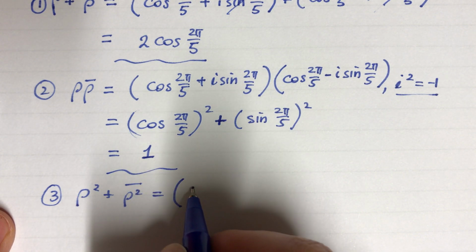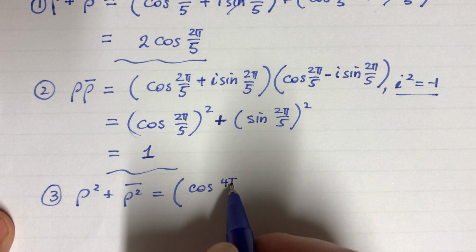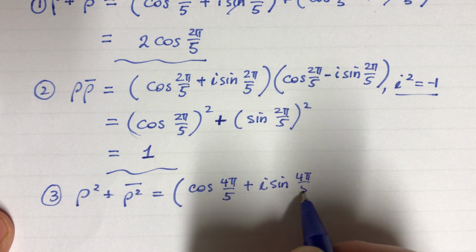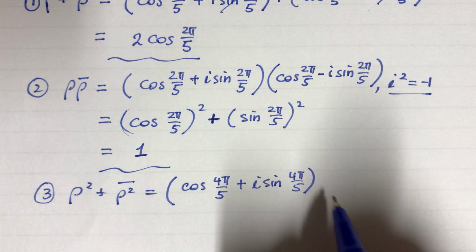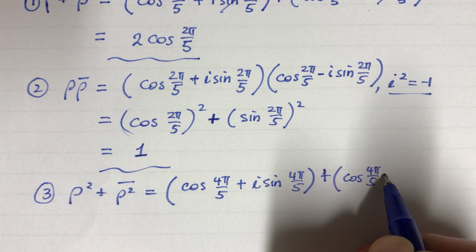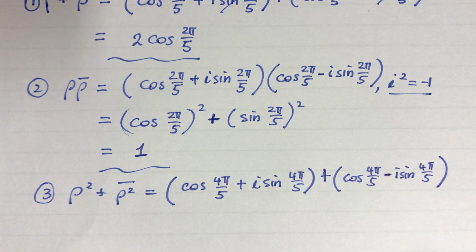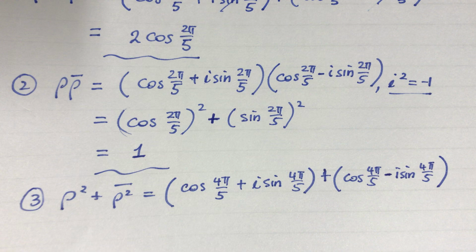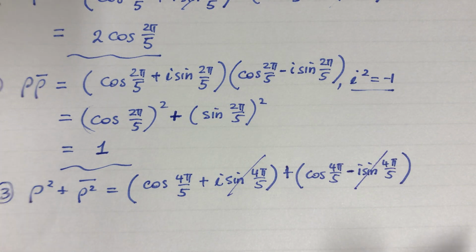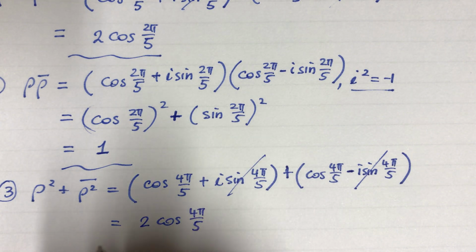So I'm going to do exactly the same as the previous one, but instead of 2 pi we've got 4 pi over 5: cos 4 pi over 5 plus i sine 4 pi over 5, plus cos 4 pi over 5 minus i sine 4 pi over 5. Then I can cancel these and I will get 2 cos 4 pi over 5. Yep, that's what I got.